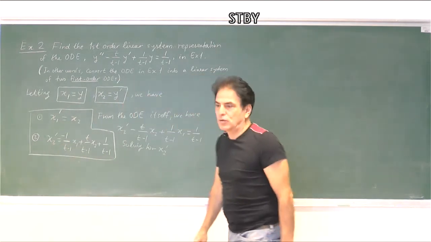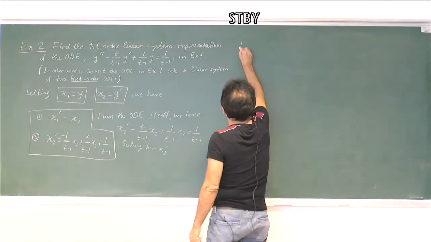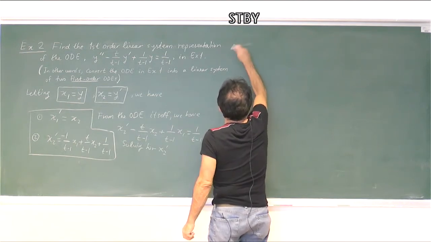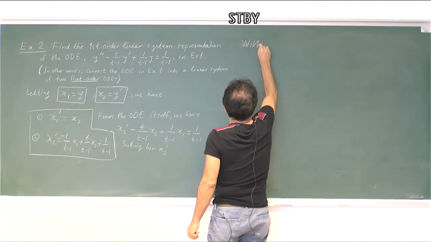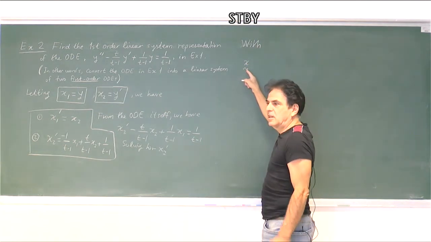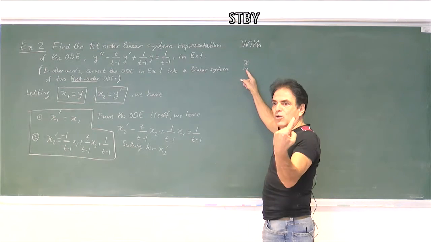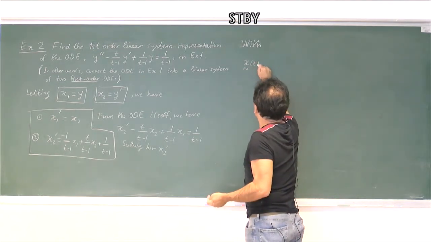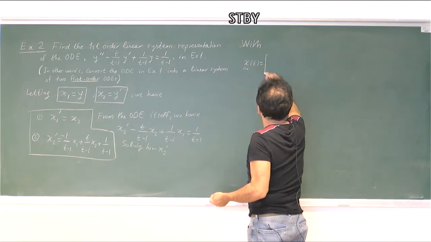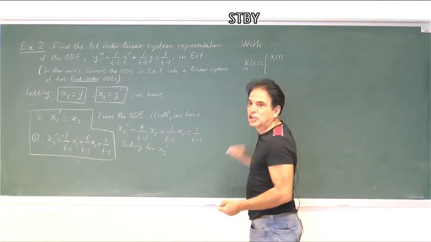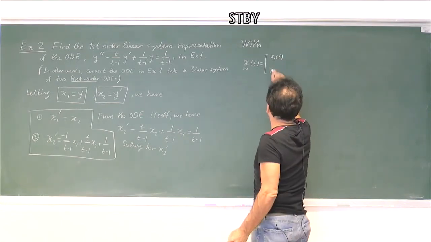So this is the system representation of our second order linear ODE, which contains two first order ODEs in the unknowns x1 and x2. Look, in matrix form, we have the vector function, remember, this tilde is used for a quantity which is a vector or matrix, x of t. I consider the vector function with component functions x1 and x2.